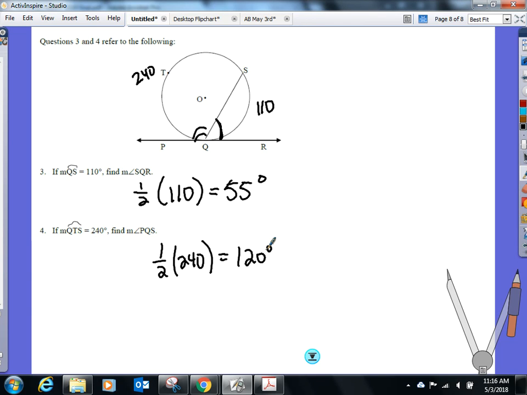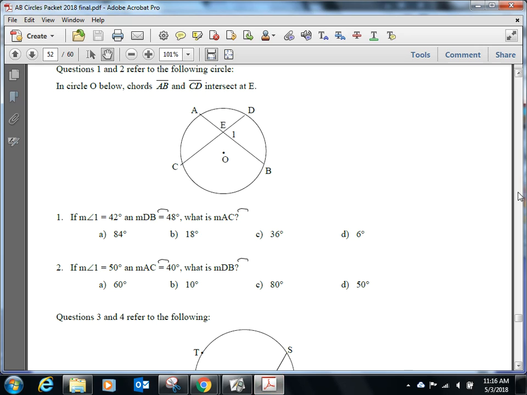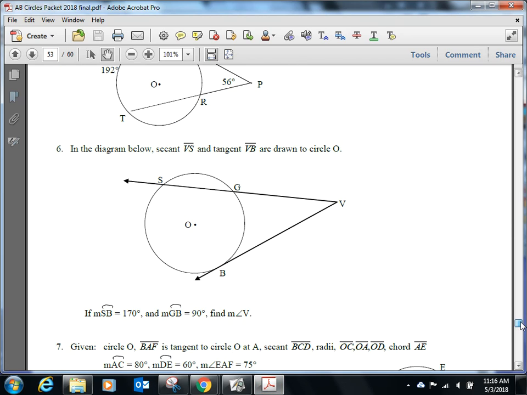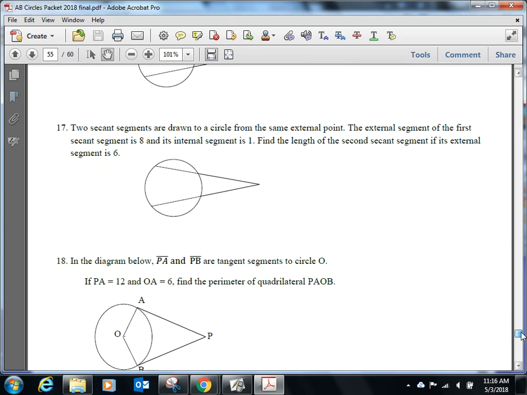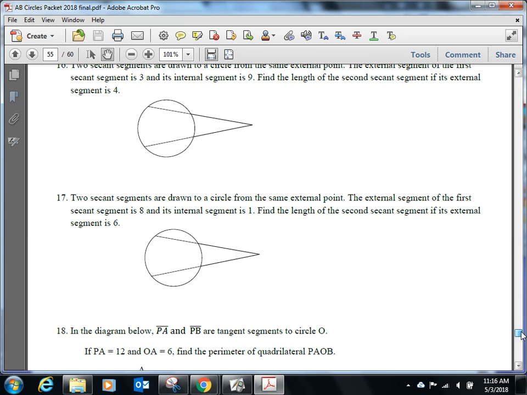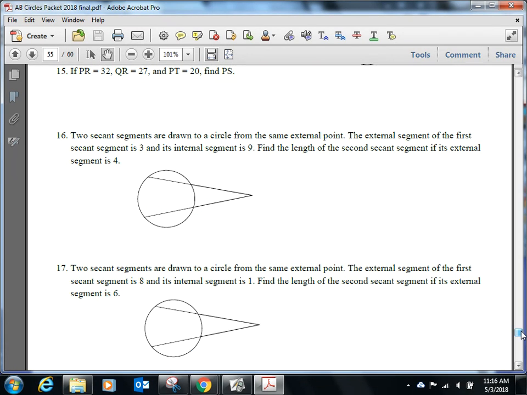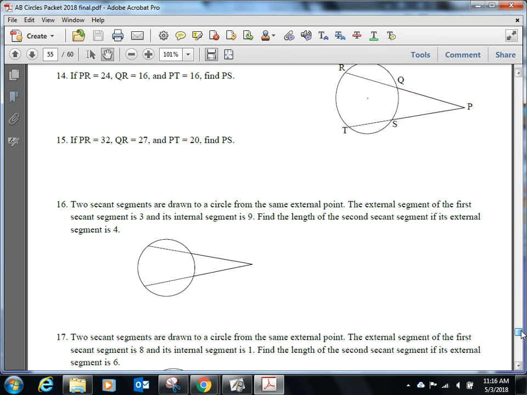Mike, go ahead. I was just wondering what problems you need the quadratic formula for. Sure. I don't know if I have any on the review, but I'll show you what I mean.